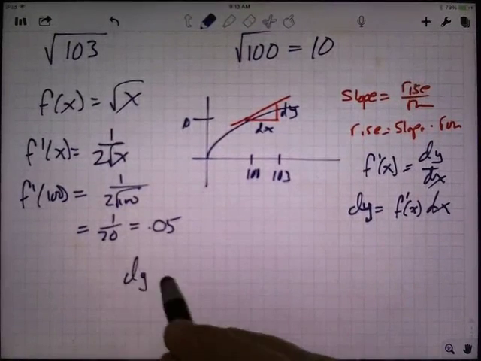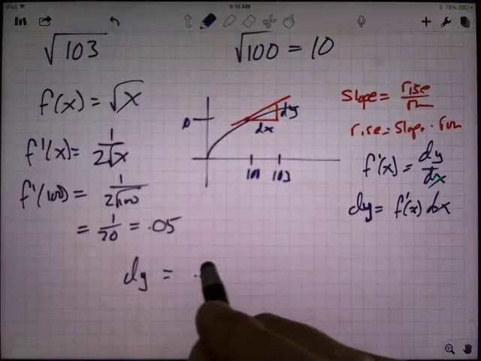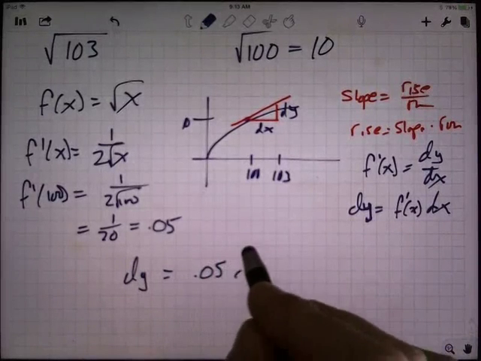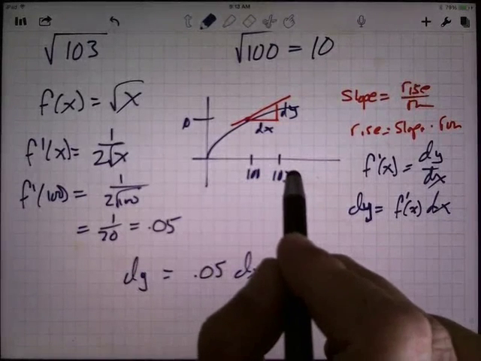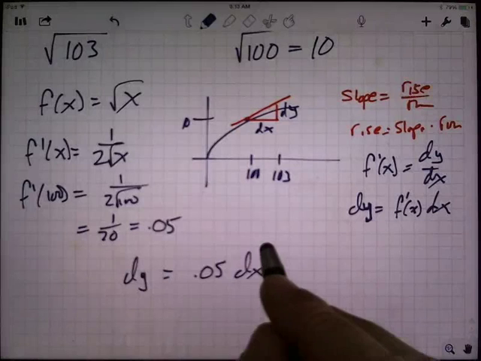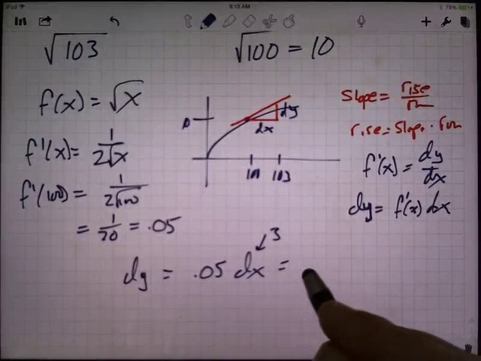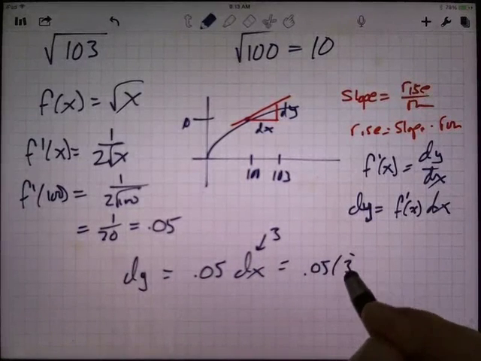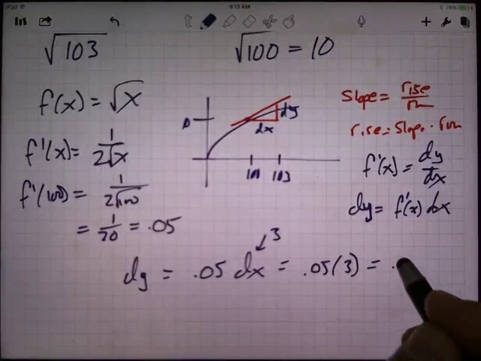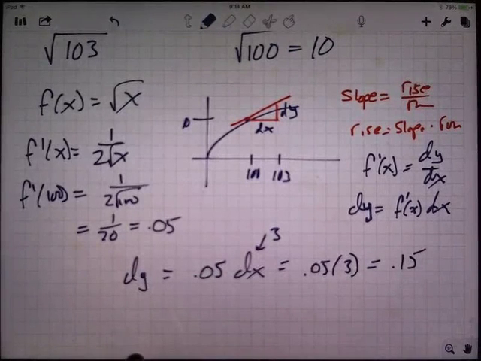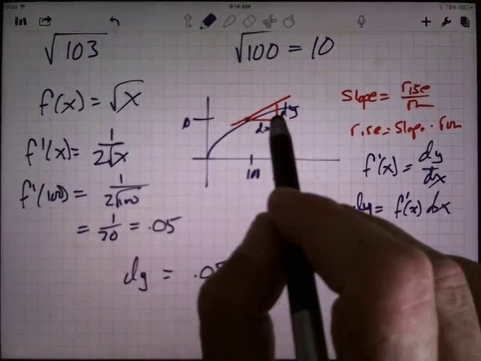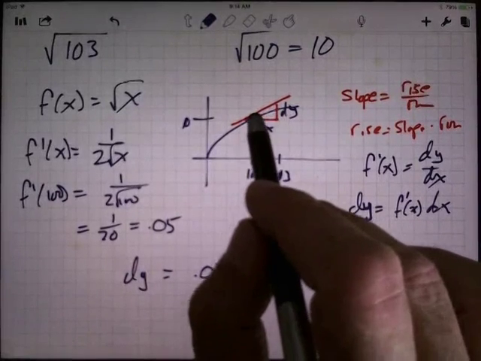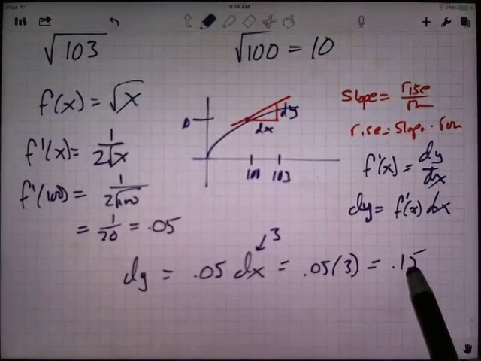So what I know is that the slope at this point is 0.05, and so the change in the y value is that slope times the change in the x value. The change in the x value from 100 to 103 is 3. So this is 0.05 times 3, which is 0.15. So as you change the x value by 3, the tangent line is going up by 0.15.